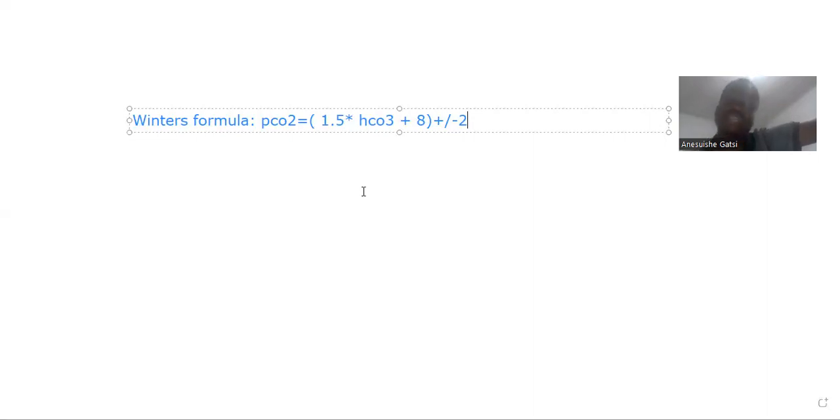Right? So there are graphs that are used to assess compensation for respiratory acidosis. So Winter's formula, I used it for metabolic acidosis. I'm not going to use it for this because it doesn't really apply.